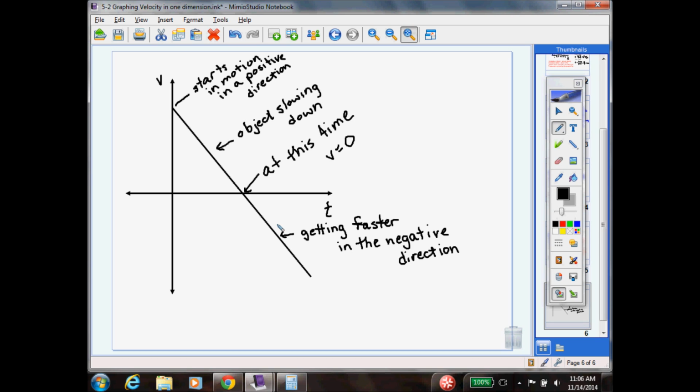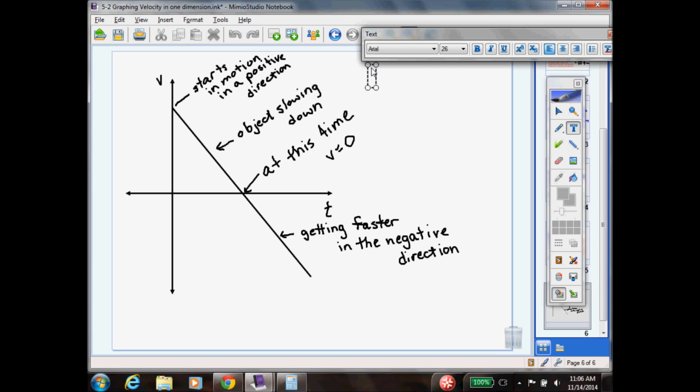Velocity equals 0. And I want you to write that down because I want you to read it and see it and think about it. This graph has a constant negative acceleration.